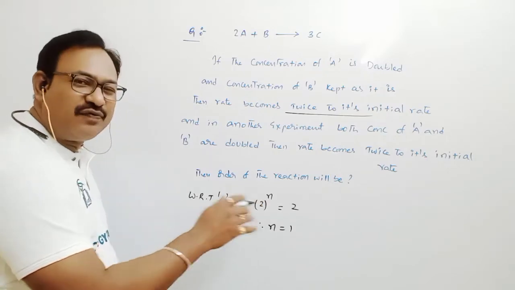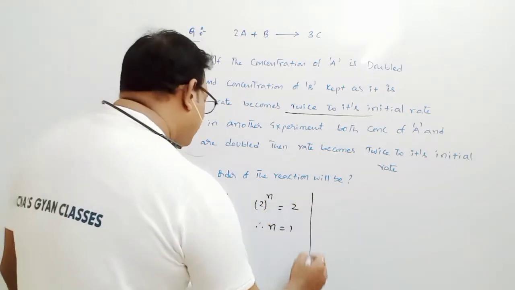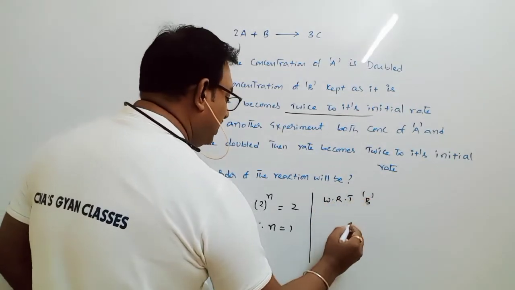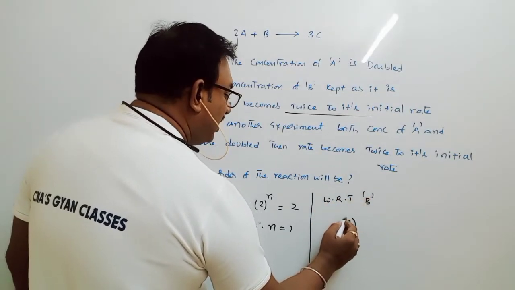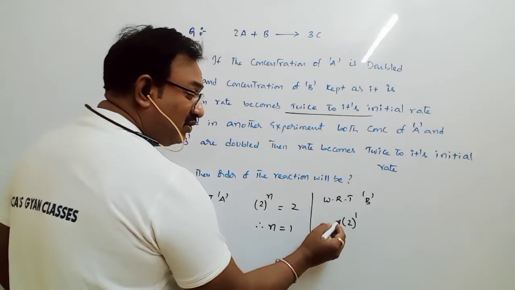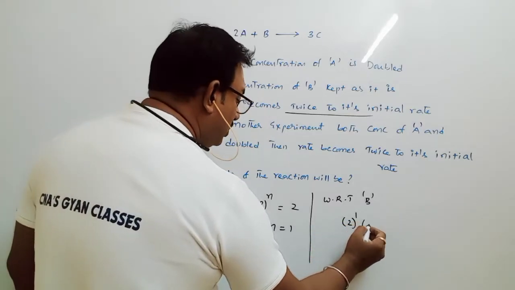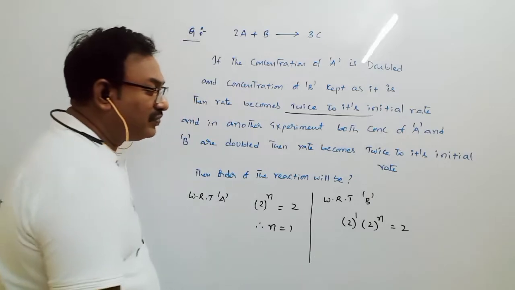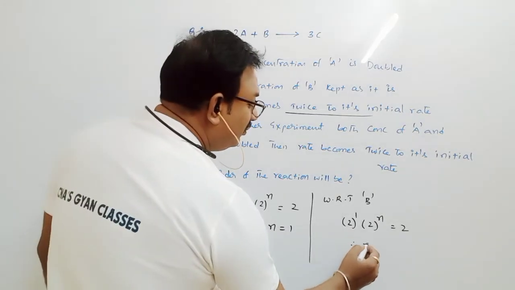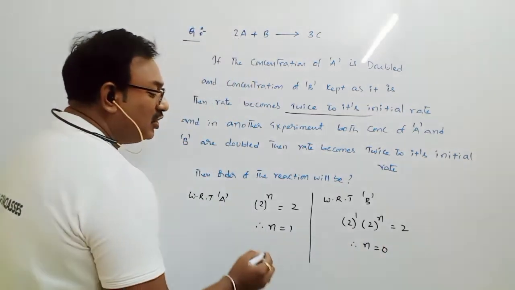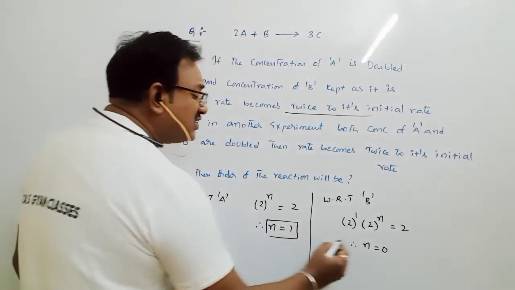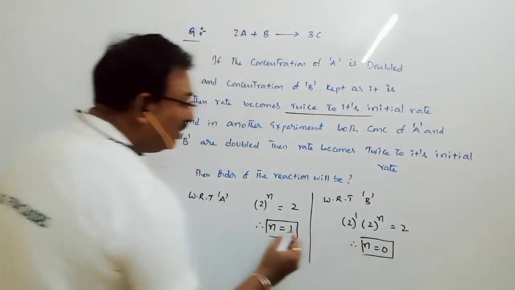We already found the order with respect to A. Now you want to find with respect to B. So with respect to B, this is with respect to A, 2 power 1, into 2 power n is equal to 2. Therefore n equal to 0. So order with respect to A is 1, but order with respect to B is 0.